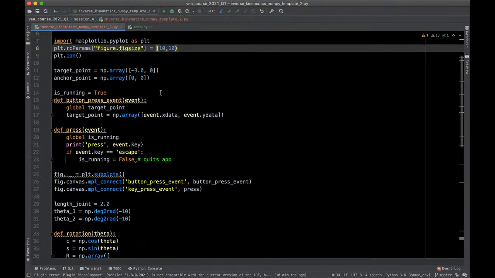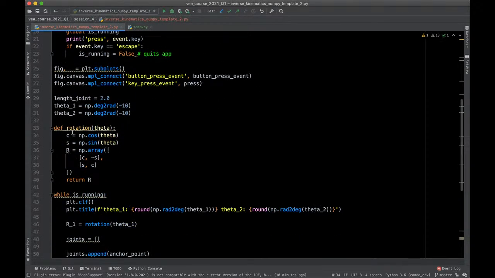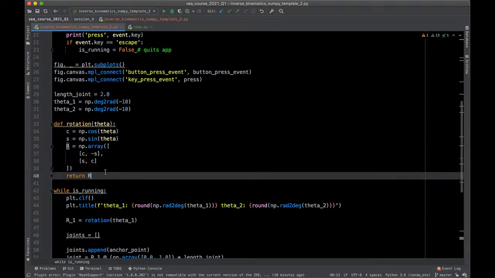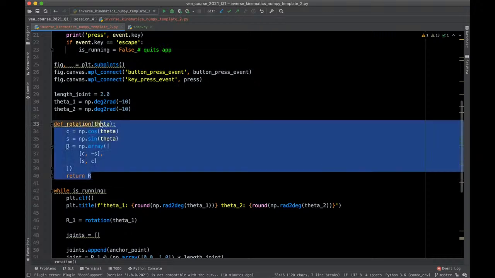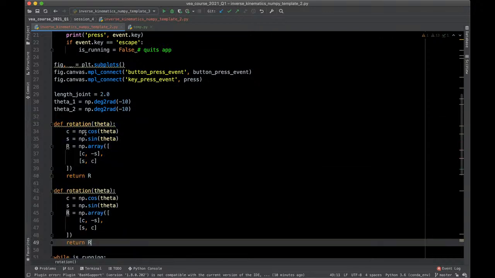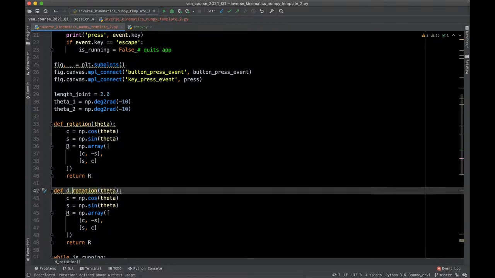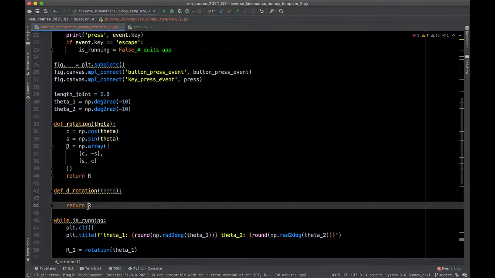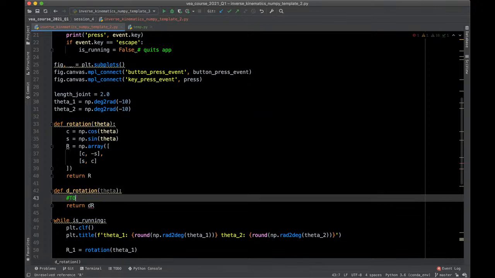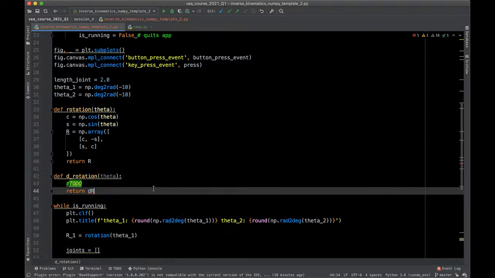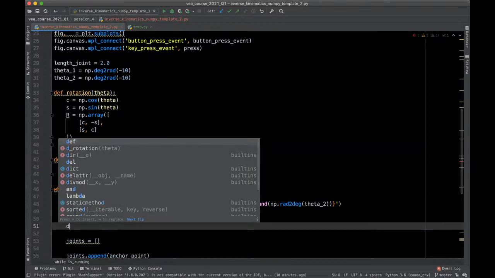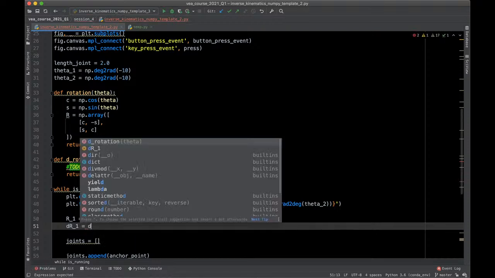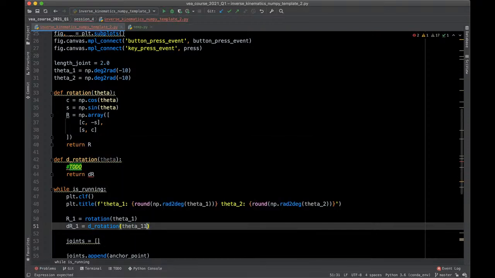Here we have the rotation matrix, and we have it also here, the rotation. So what you need is the derivative of the rotation matrix, and you need to implement this part. Then we need to calculate it here, dr1, the rotation of theta 1.